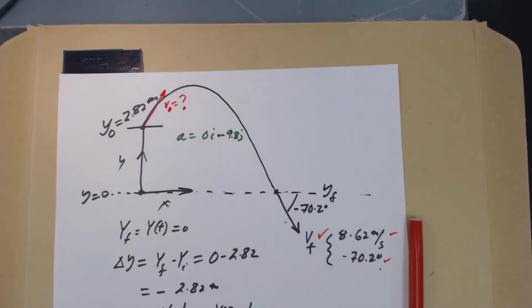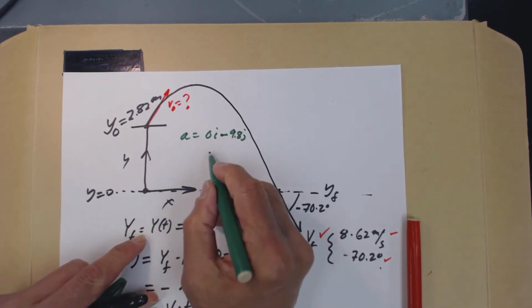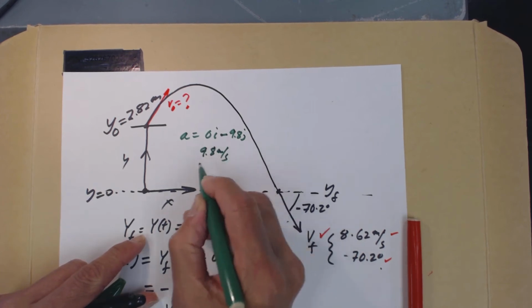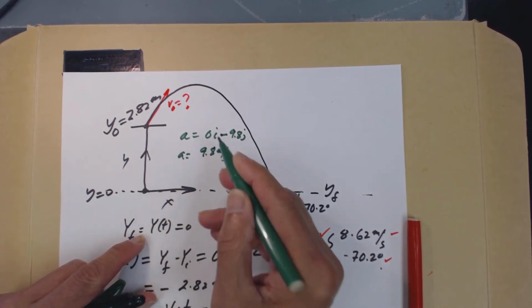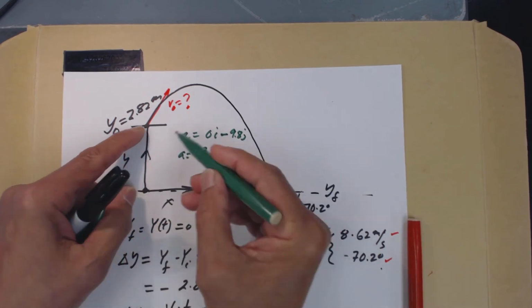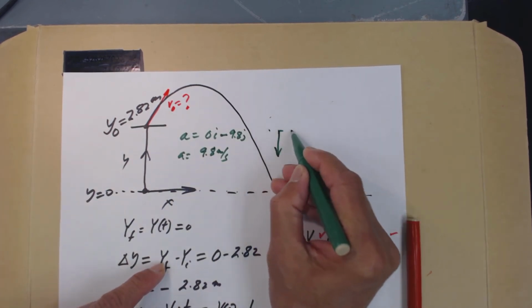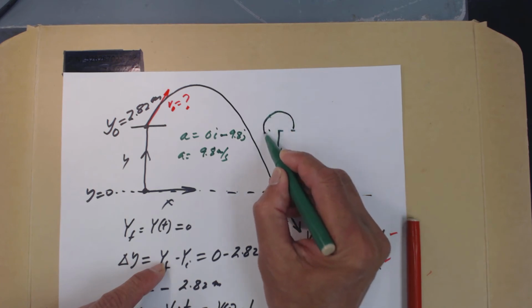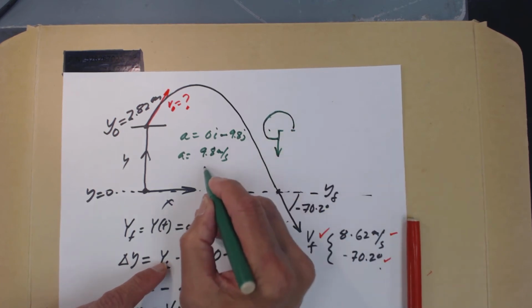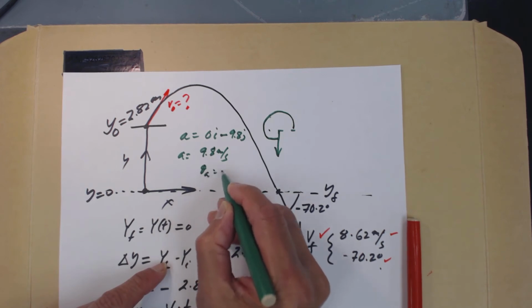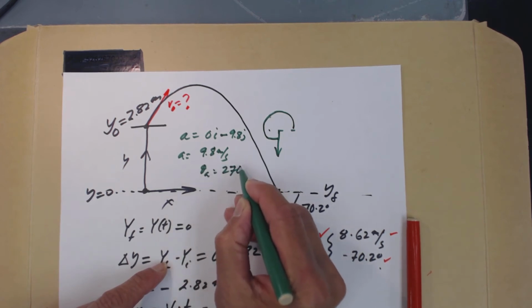In magnitude and direction, in polar coordinates, it'd be 9.8 meters per second squared, and coming vertically down means going around to theta A equal to 270 degrees.